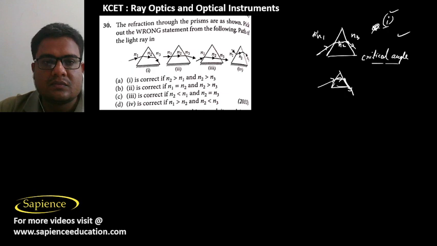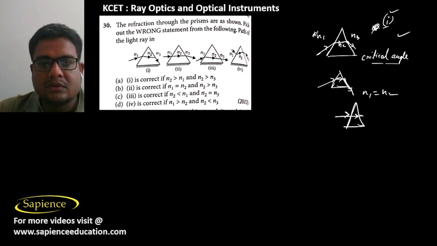The second one can happen only if n1 is equal to n2, then there is no refraction, and n2 is greater than n3 means the refracted ray will bend away from the normal. B option is also a correct statement. A is also a correct statement.